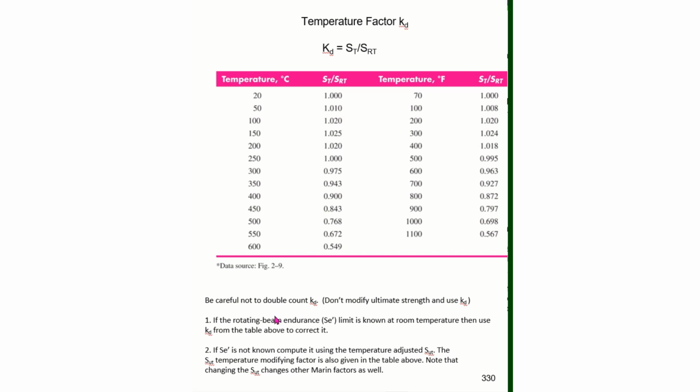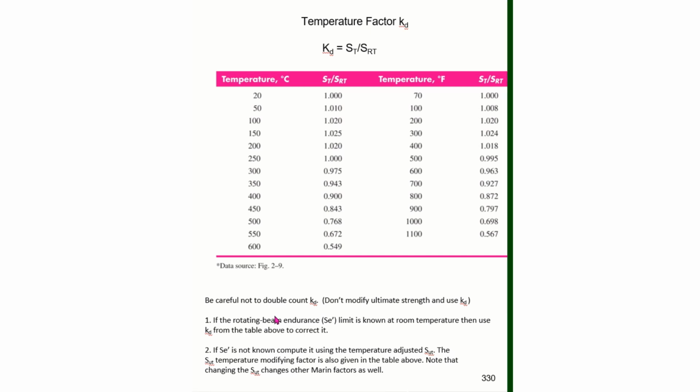However, if you have other Marin factors that are not 1, like there's a Ka, Kb, and Kc, and so forth, then you need to correct the ultimate strength for temperature, because temperature will affect those other Marin factors, and it would not be sufficient to just use Kd.